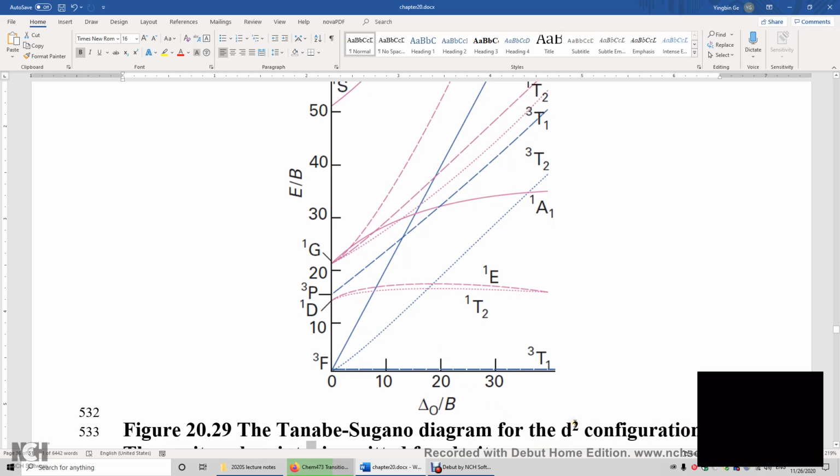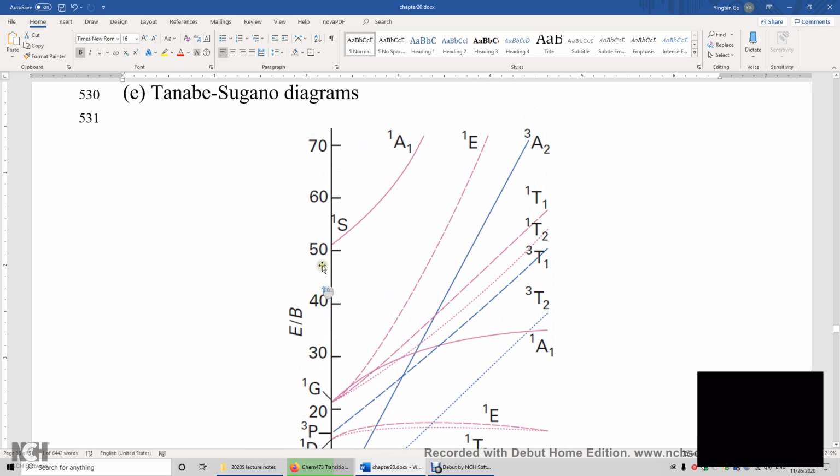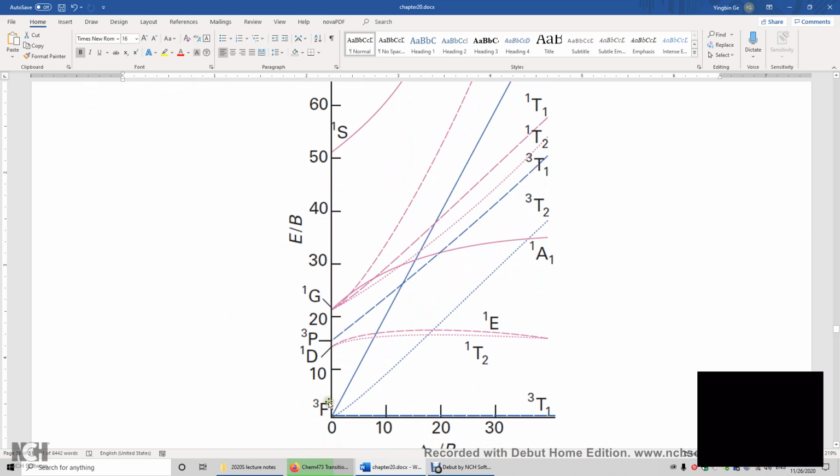So you have two electrons in the 5d orbitals. There are 45 microstates that can be grouped into 5 atomic terms: 3F, 1D, 3P, 1G, 1S. This 3F term is the ground term with the lowest energy.